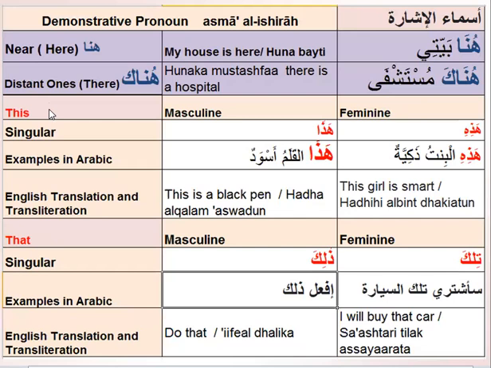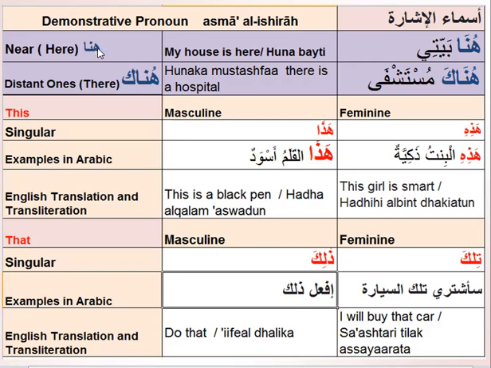Before jumping into demonstrative pronouns, I'll tell you that for the word near, something that is nearby, I'll point to that place as here, which in Arabic is huna. Something which is nearby, here, is huna.